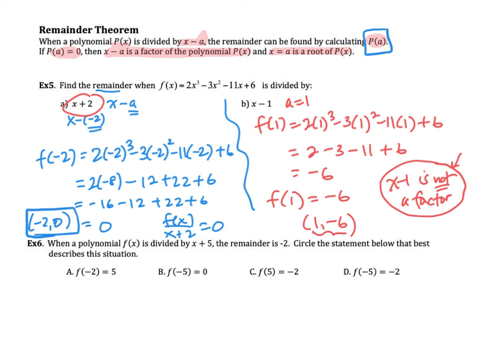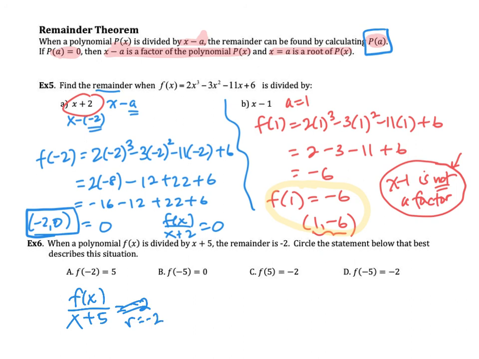Okay, hopefully seeing what I just did above, you can figure out what example number 6 is asking you. It says when a polynomial f of x is divided by x plus 5, the remainder is negative 2. So your remainder is negative 2.